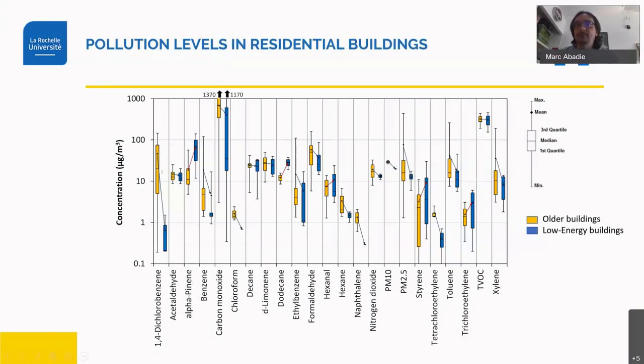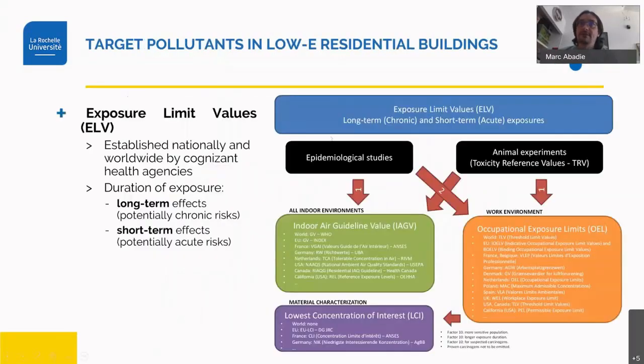So with that, what we were interested in was the blue level here for the different pollutants, and we wanted to sort the importance of these pollutants. So we needed to have a concentration reference to deal with, and when you are interested in that, it's the whole world of the exposure limit values that come from epidemiological studies or animal experiments.